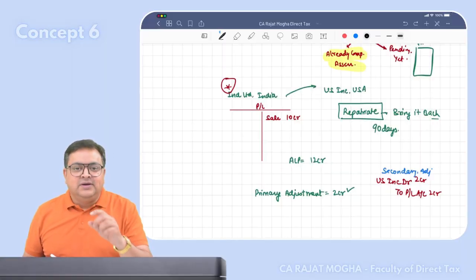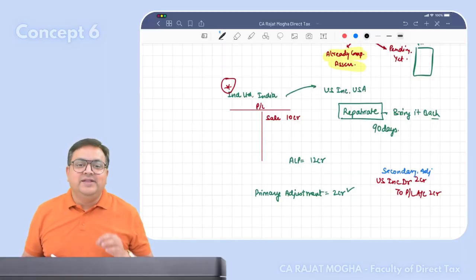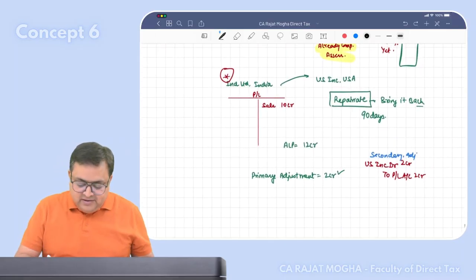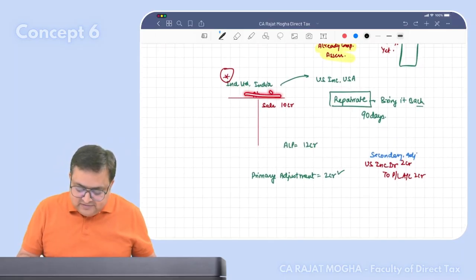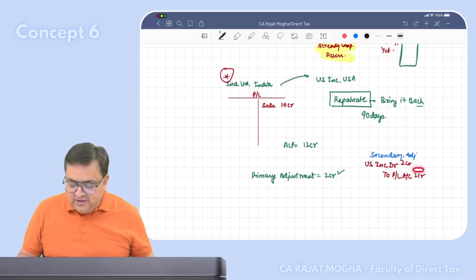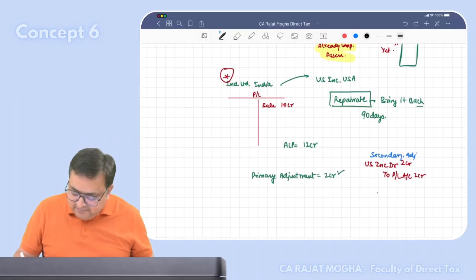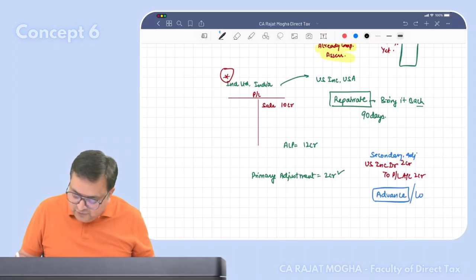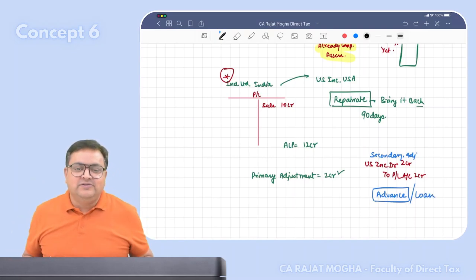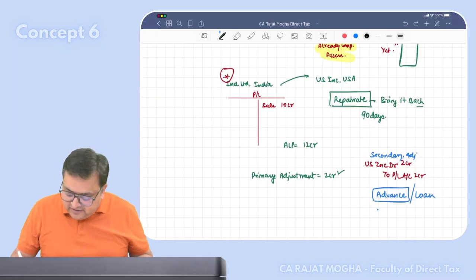And if it is not repatriated within 90 days, if it is not brought back to India within 90 days, then End Limited, please charge interest also on this amount. Make it a deemed advance, as if you have given a loan, as if you have given an advance to US Incorporation, and please charge interest also.